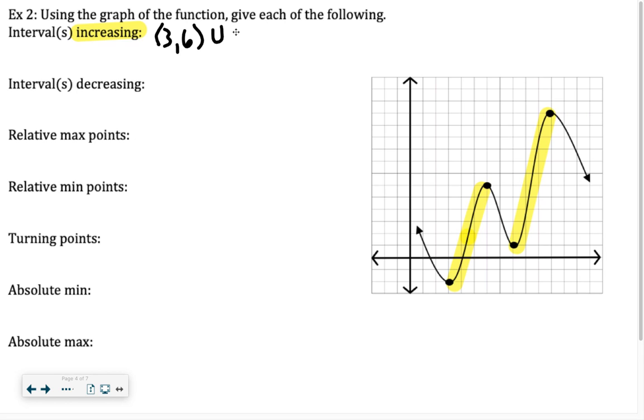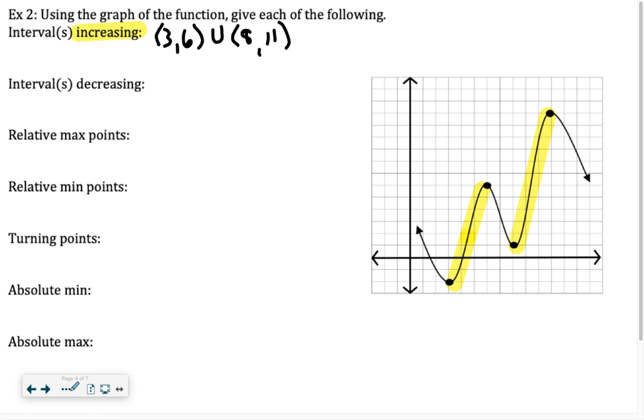Then we're going to union that with my next interval. So 8 up to 11. So my function is increasing on these intervals right here.